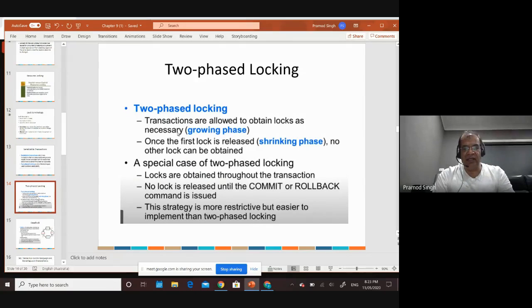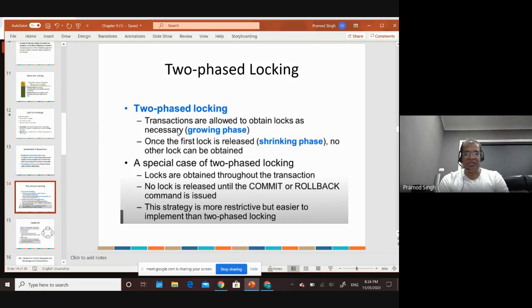Two-phase locking here is in two sections. First, if a transaction starts processing, that transaction should be allowed to take lock on all the records which they are going to process.